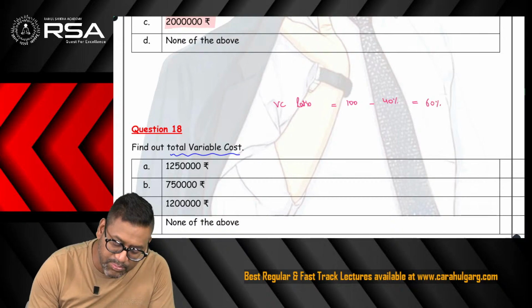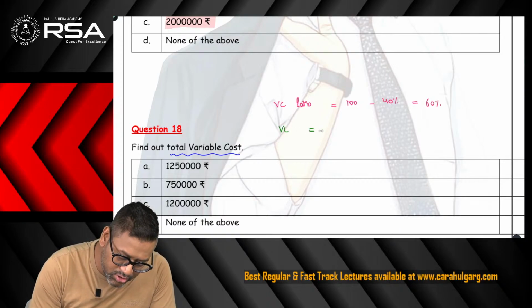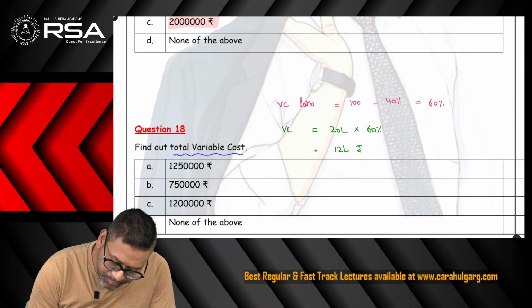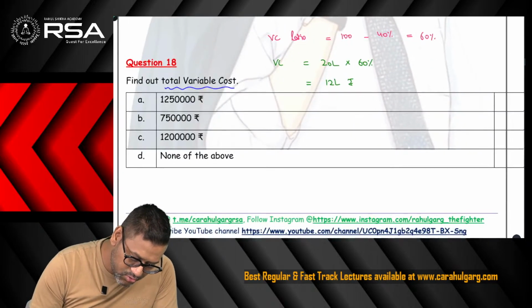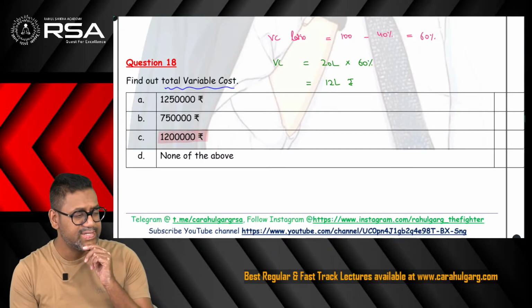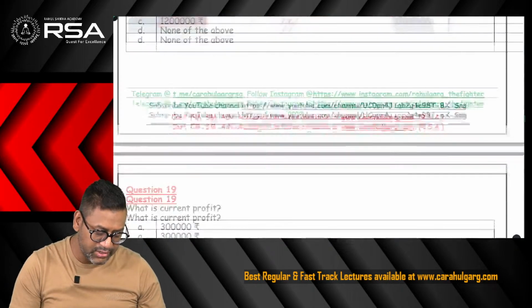So the VC ratio is 60%, and as the total sales we just found out is 20 lakh, 60% of that 20 lakh becomes 12 lakh rupees. So 12 lakh rupees is the correct answer, which is option C.